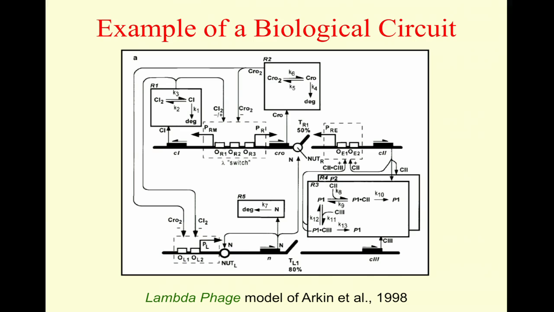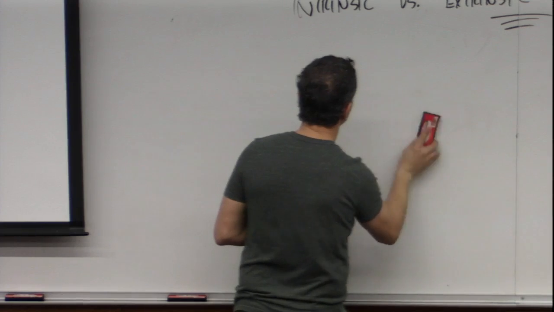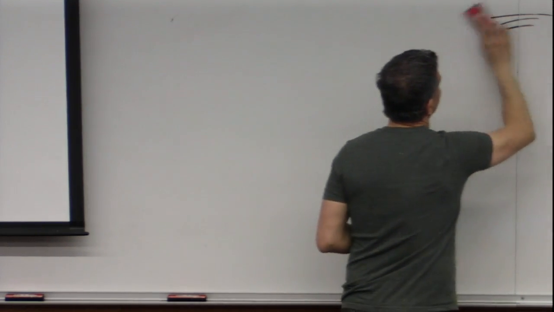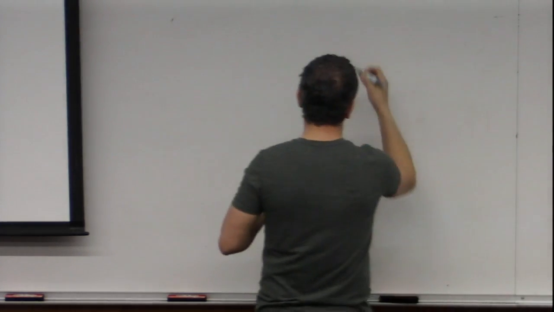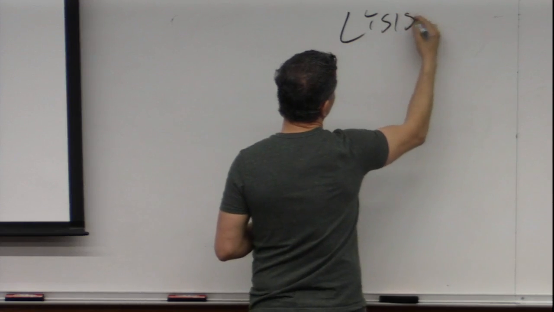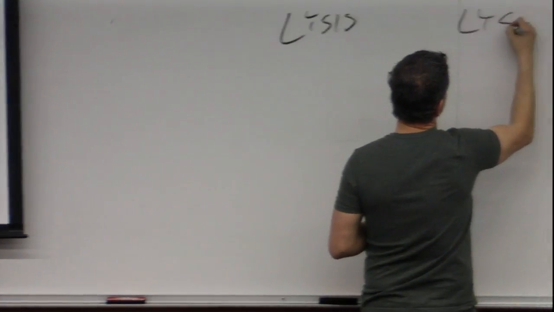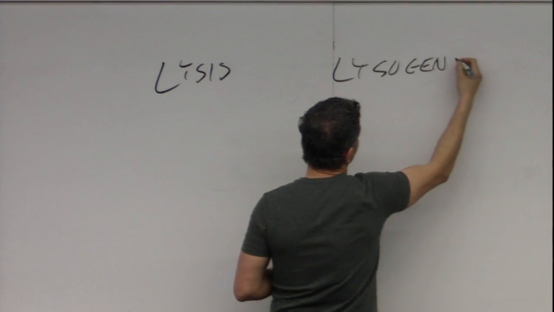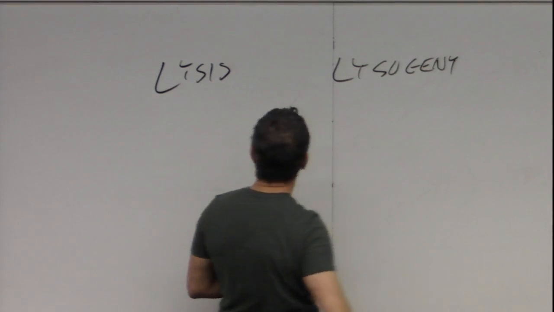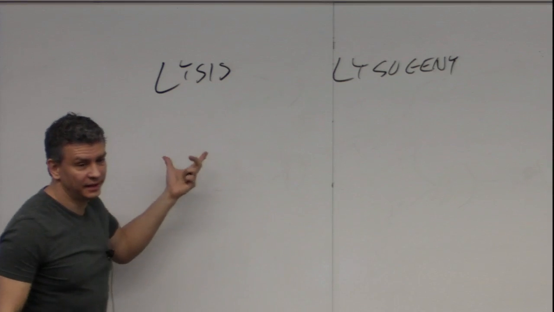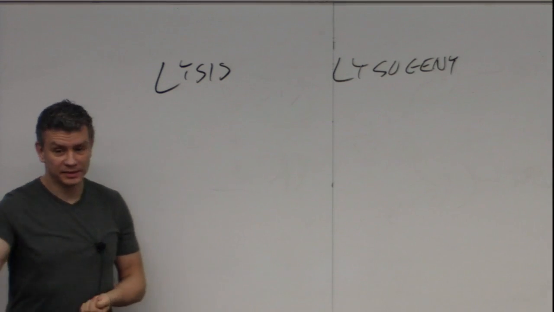So let me write down those words. I've used hijack versus stealth, but we may as well use the real words. So lysis. Lysis is, I think, Greek, and it means to cut.